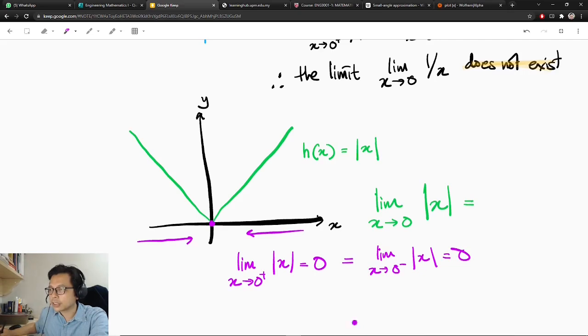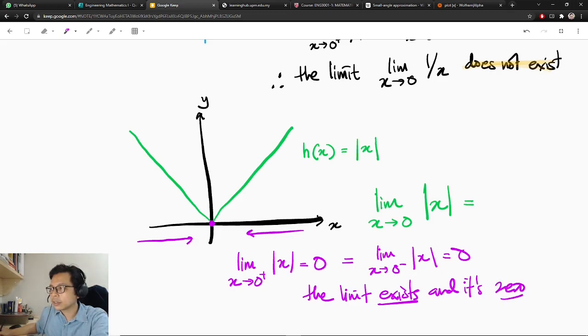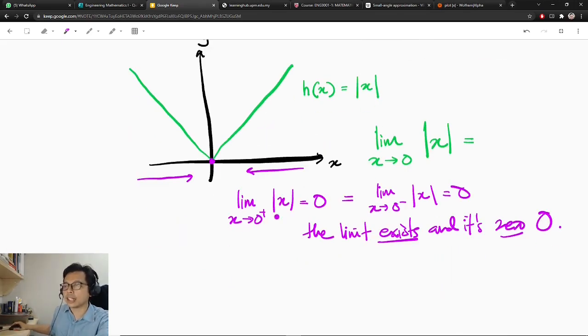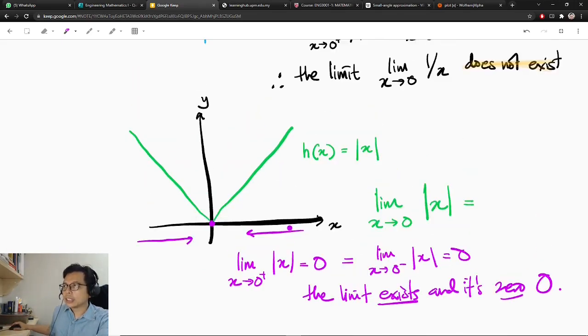So both are the same. So the limit exists, and it is 0.